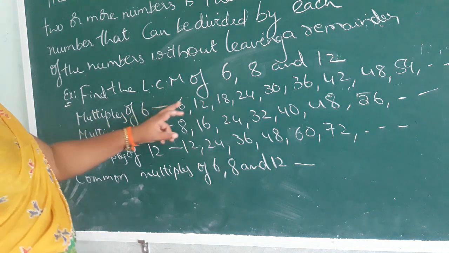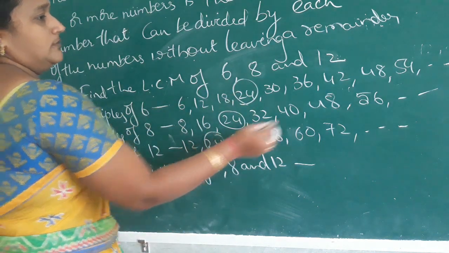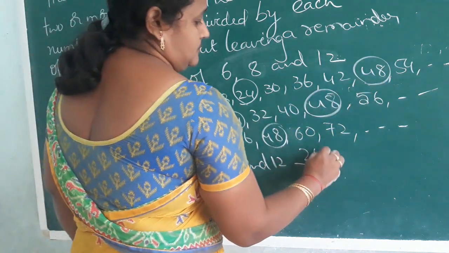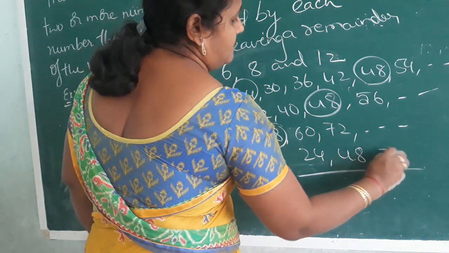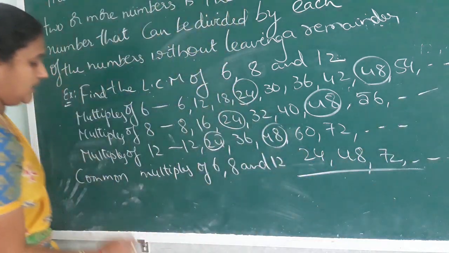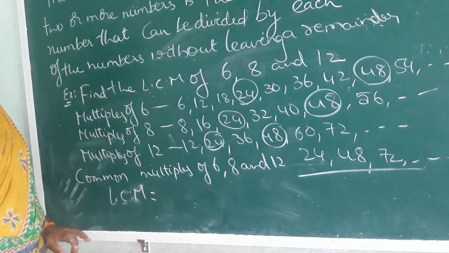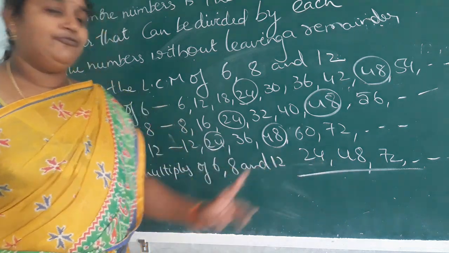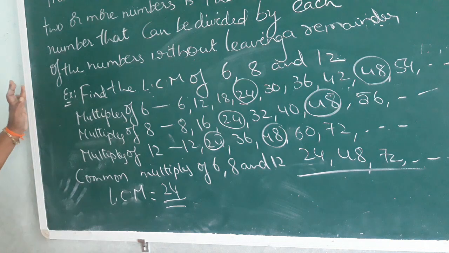Which are common in all of these? 24, 48, and if you write further it becomes 72, like that. These are common. What is the LCM? LCM stands for least common multiple. Which is the least common multiple in that? 24 is the least common multiple. So the answer is 24.